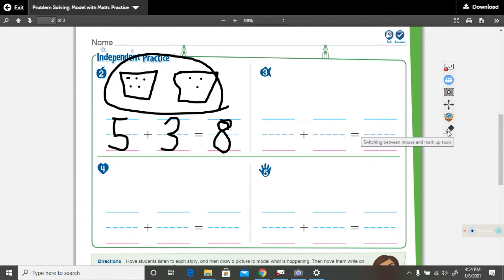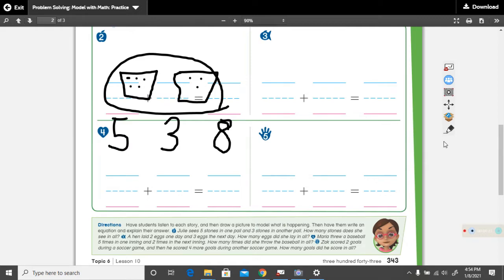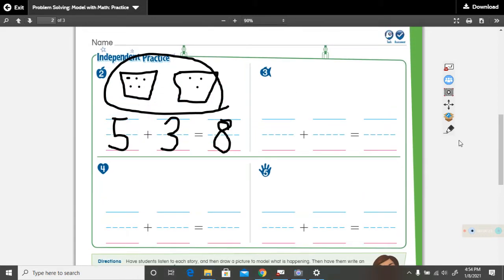Okay, let's look at the next problem. A hen lays 2 eggs one day. She lays 3 eggs the next day. How many eggs does she lay in all? How many did she lay the first day? A hen lays 2 eggs the first day, so we need to draw our 2 eggs.